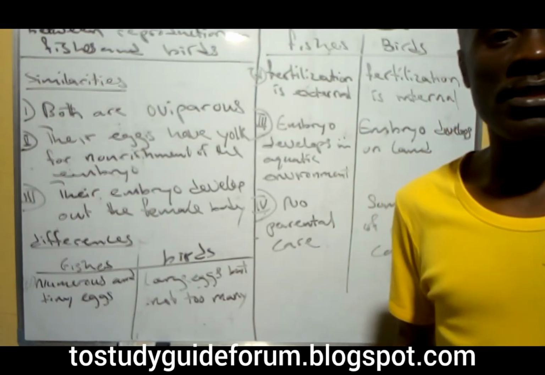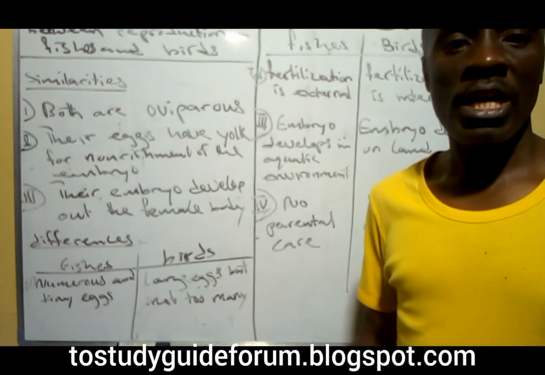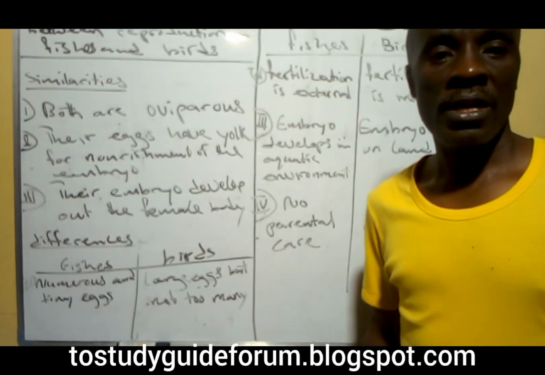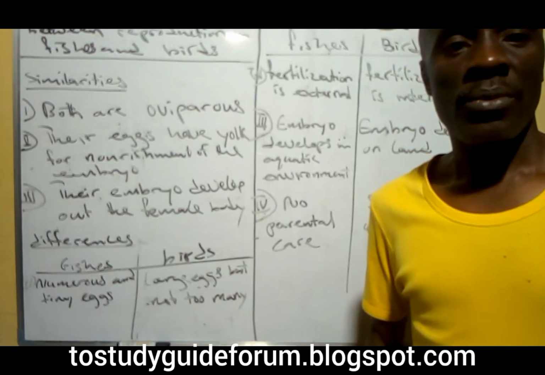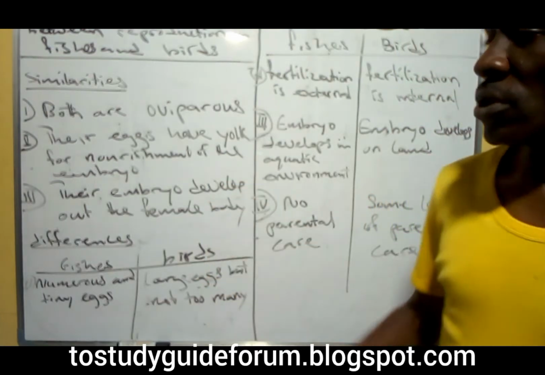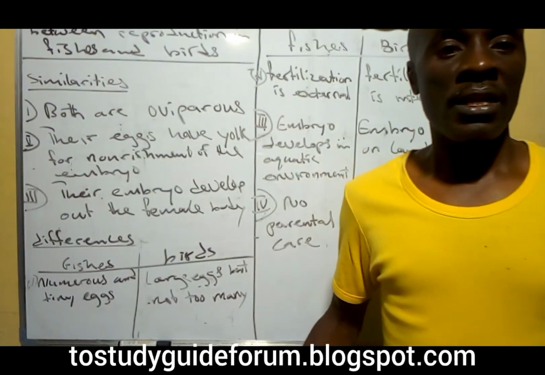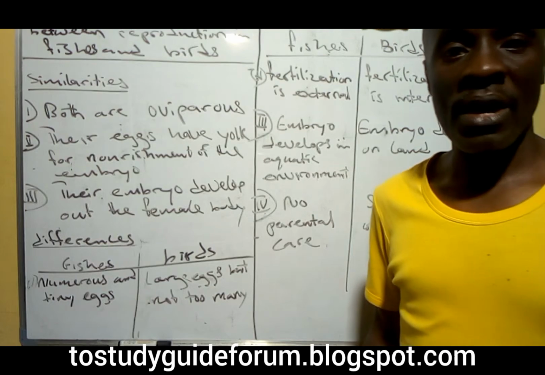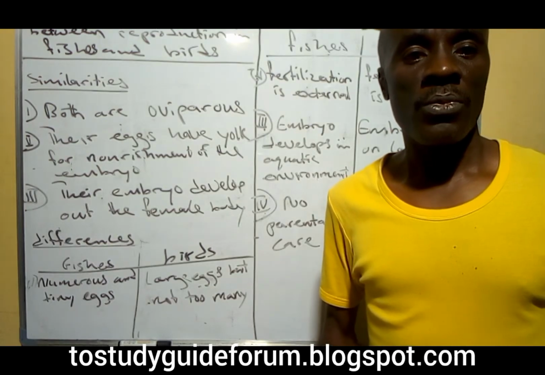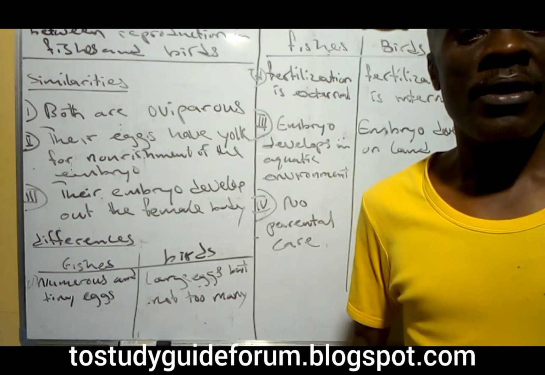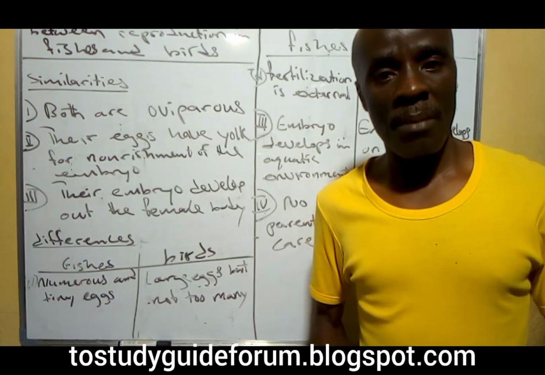They have eggs with yolk which help to nourish the embryo, because most times since they lay eggs, there will be no constant supply of nutrients from the parent like what we have in the mammals.